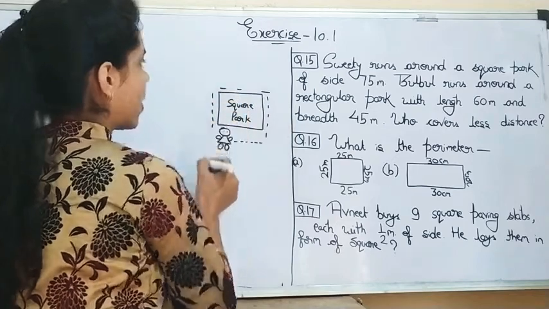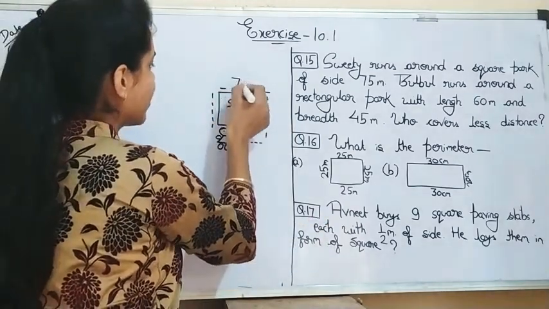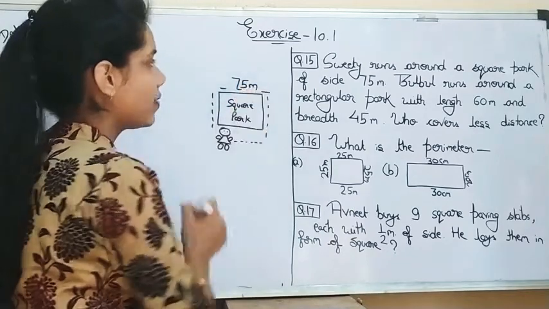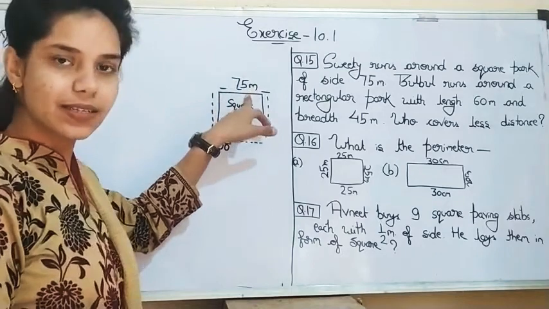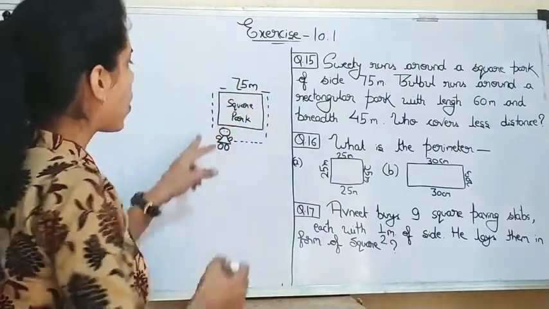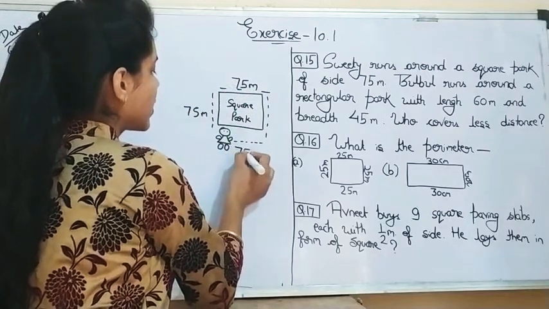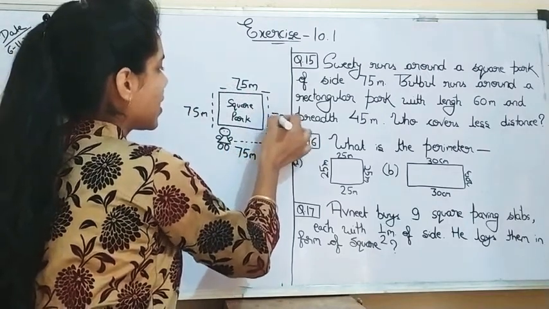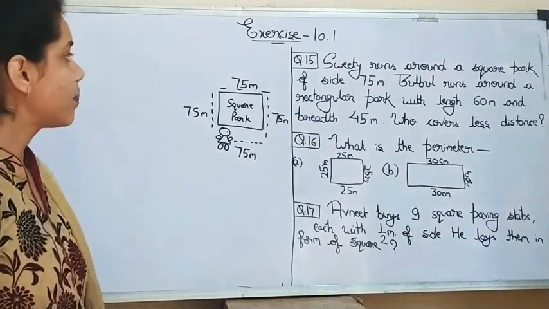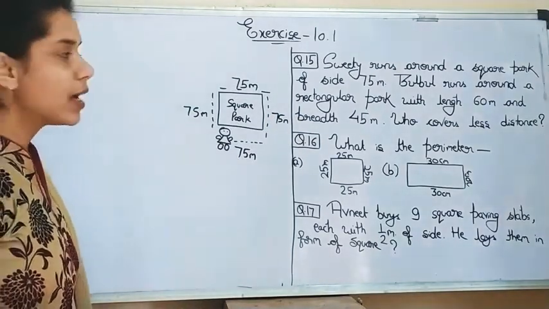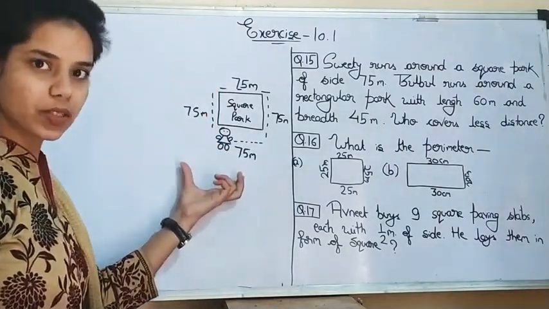The side given to us is 75 meter. So all the sides will be 75 meter, because what is a square? All sides are equal. Understood? In this way, she runs across this square park.